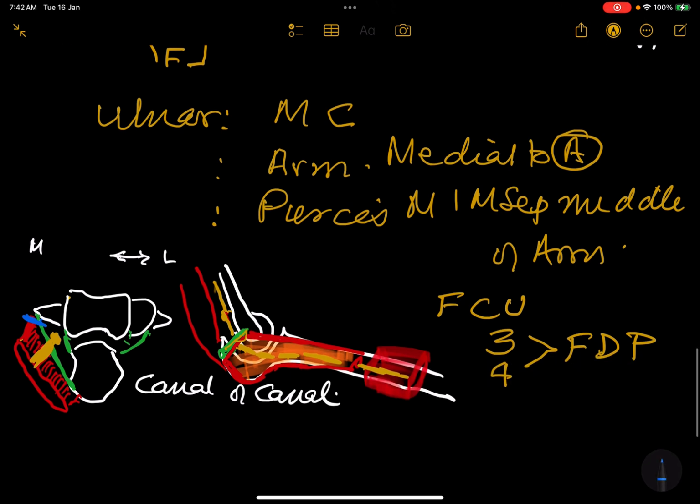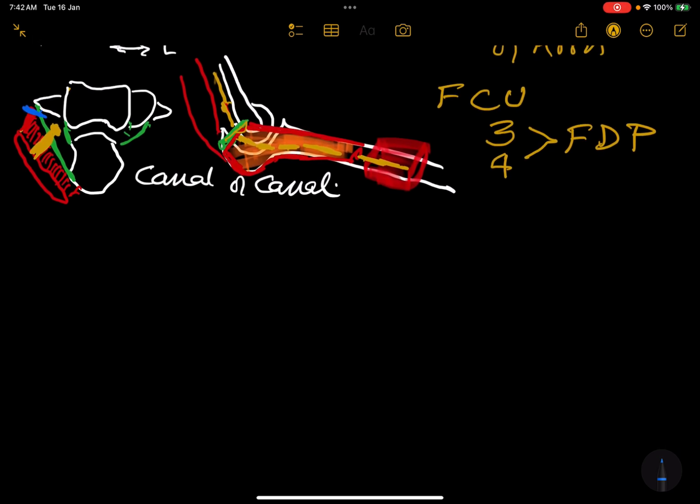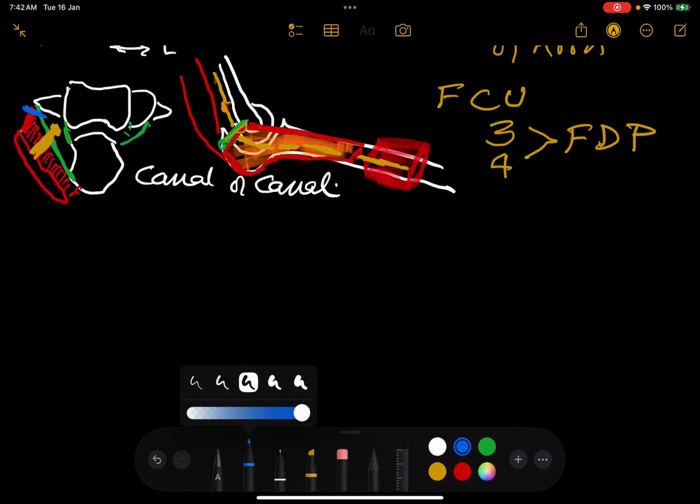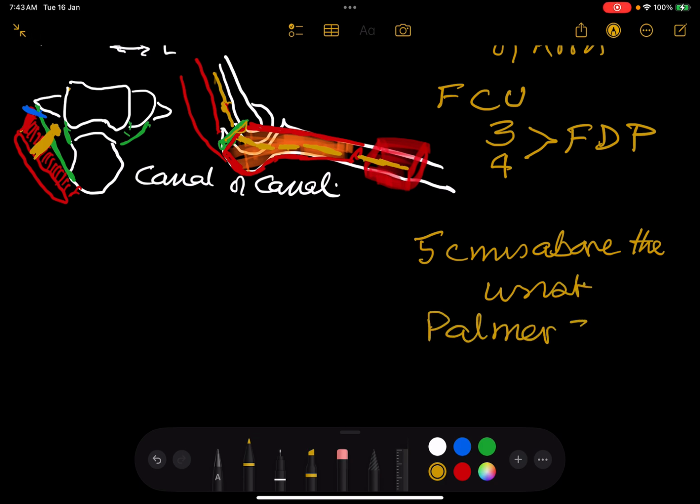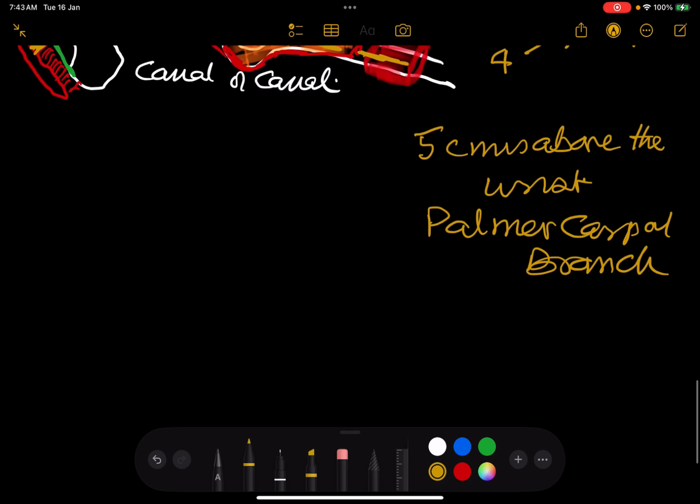Continuing with the ulnar nerve, we'll say that 5 centimeters above the wrist, it gives a palmar carpal branch, which passes superficial to the deep fascia, crosses the wrist, and supplies the skin over the hypothenar eminence and the palmaris brevis muscle.